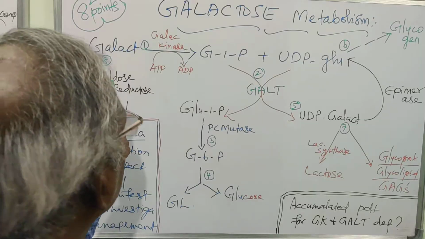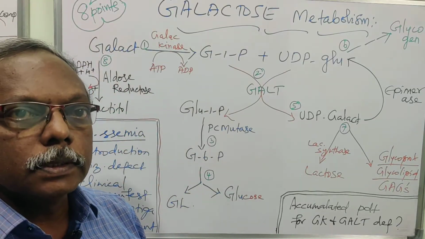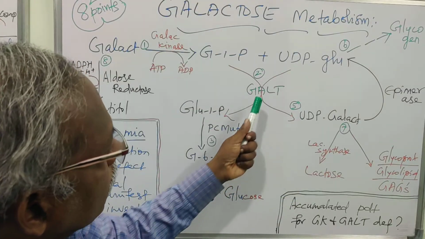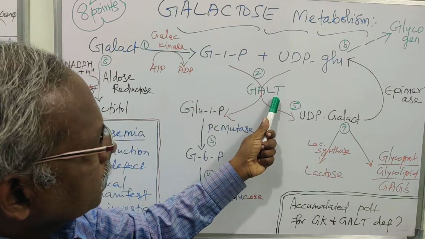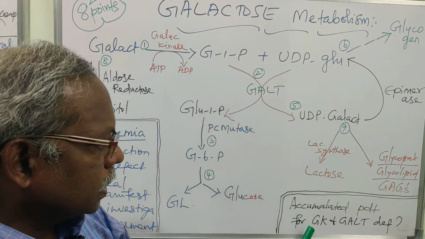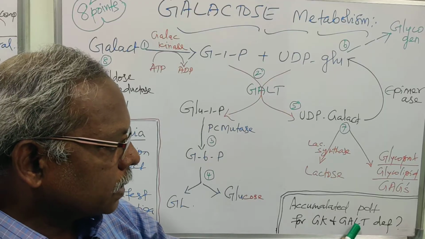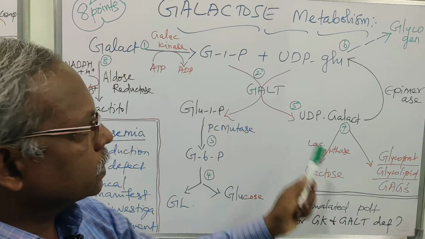The last one is the clinically important question. If there is GALT enzyme deficiency, it produces accumulation of galactose 1-phosphate. That is why I am separately giving the accumulated product for galactokinase and GALT, that is uridyl transferase.